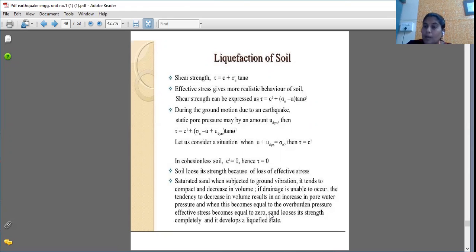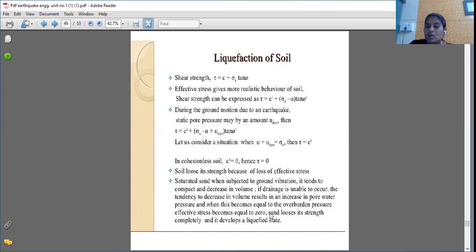But beyond that, if the water pressure goes on increasing and the soil bearing capacity is reduced, at that time the condition will change, which will be produced because of the excessive vibrations. Because of these excessive vibrations, the effective stress changes, the soil loses its strength, and the water comes on the top of the surface of the earth in terms of mud.